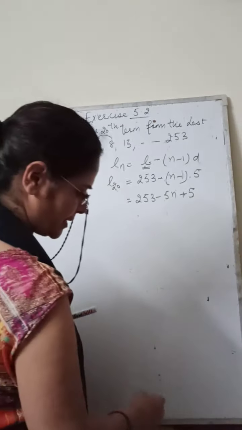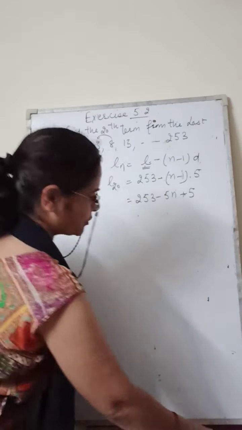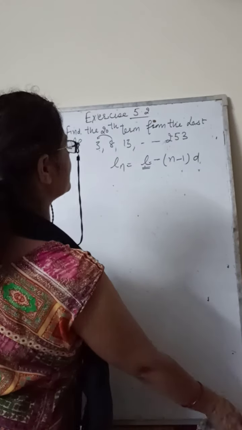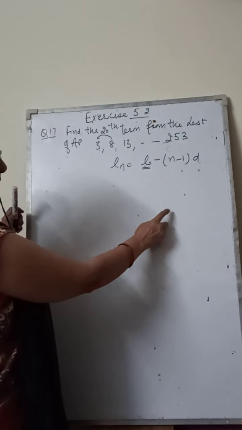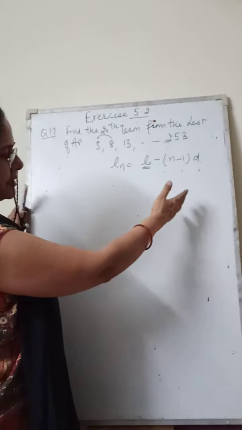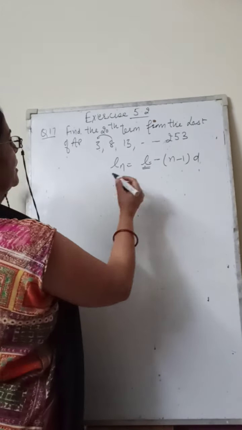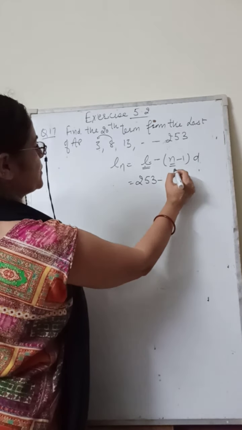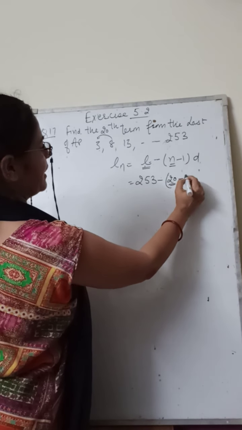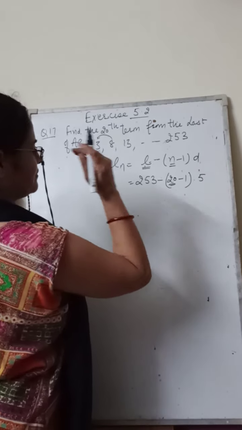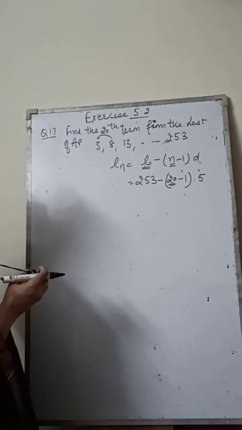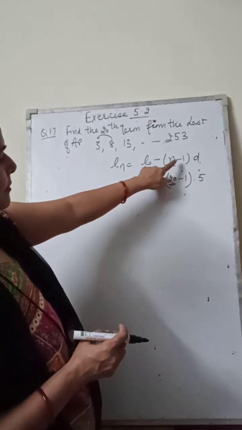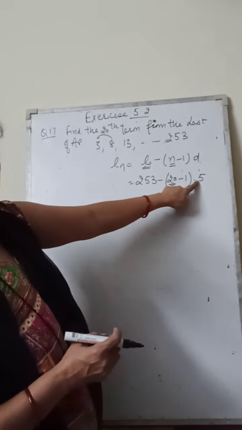Okay, n is 20, beta. In place of carrying the value of n, you just write n as 20. L is 253 minus n is 20 minus 1, and D is 5.